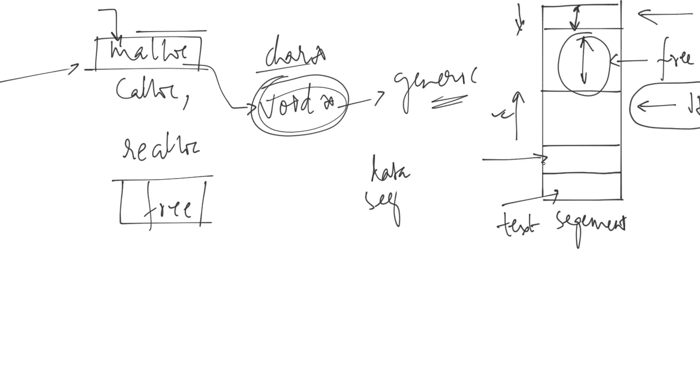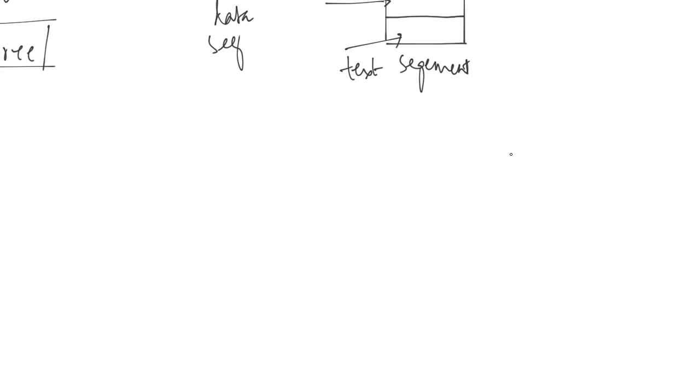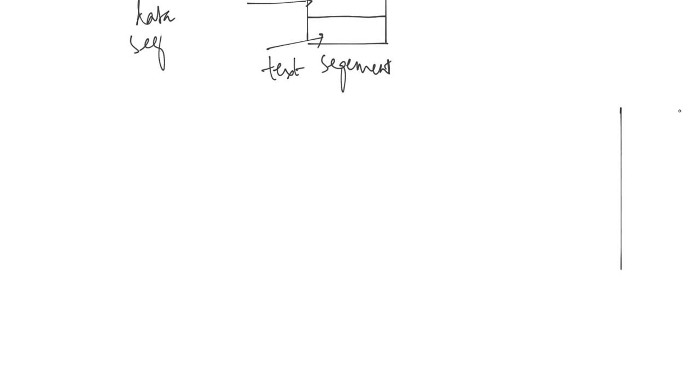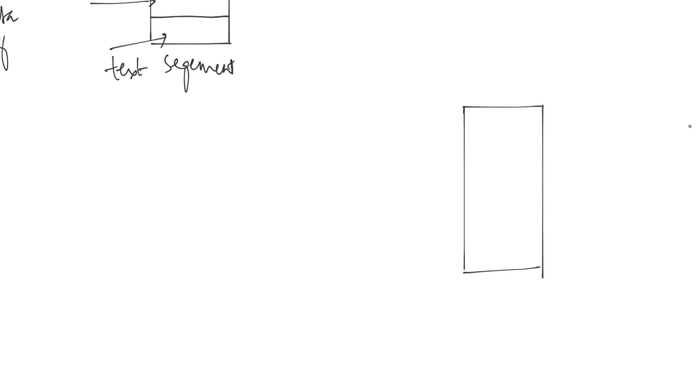Which pointer? If we take a closer look, this is our heap memory, not data structure. Let me rephrase. This is our heap memory, and we need some 20 bytes of memory, a block of 20 bytes.